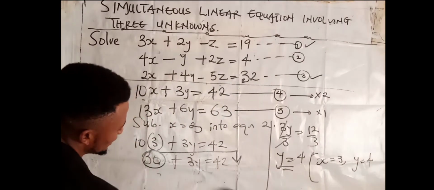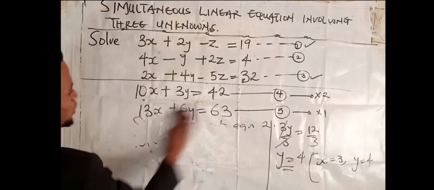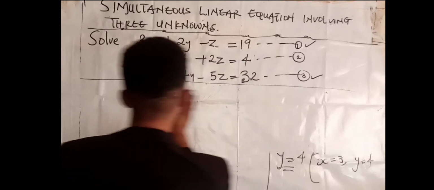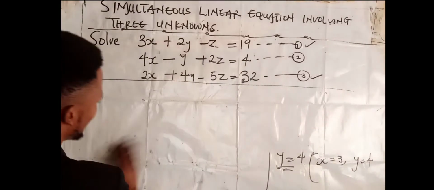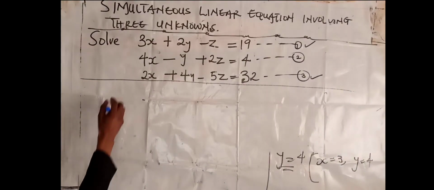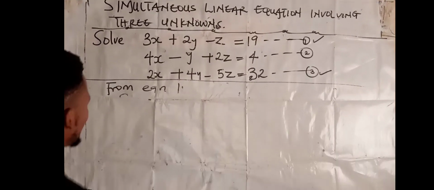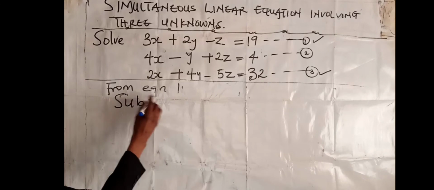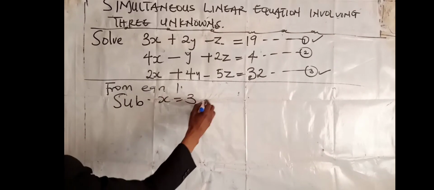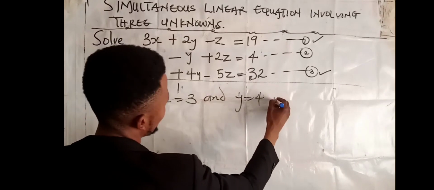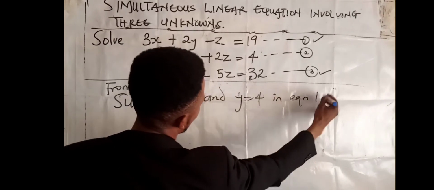So let me pick equation 1 to do that. And what is my equation 1? So we substitute x is equal to 3 and y is equal to 4 into equation 1.